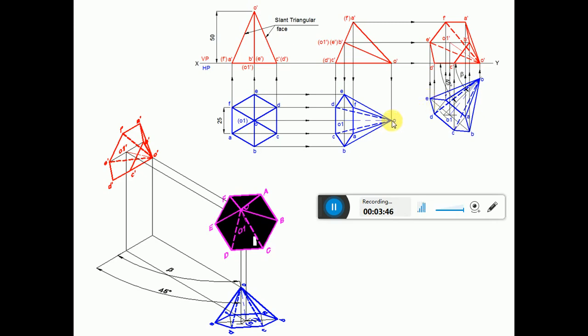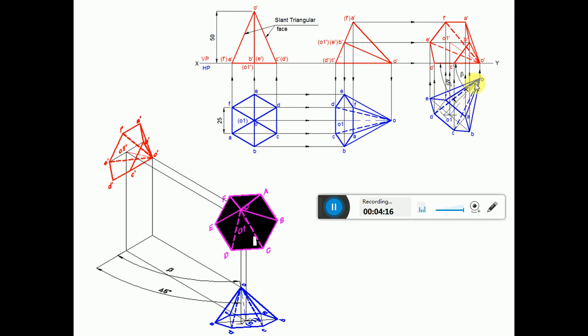Then you measure the distance from O to this point, and from O you mark that point here. Then the edge AF is perpendicular to O1. So since you have this point, measure an angle of 90 degrees with respect to O1 using the protractor and draw a perpendicular line.